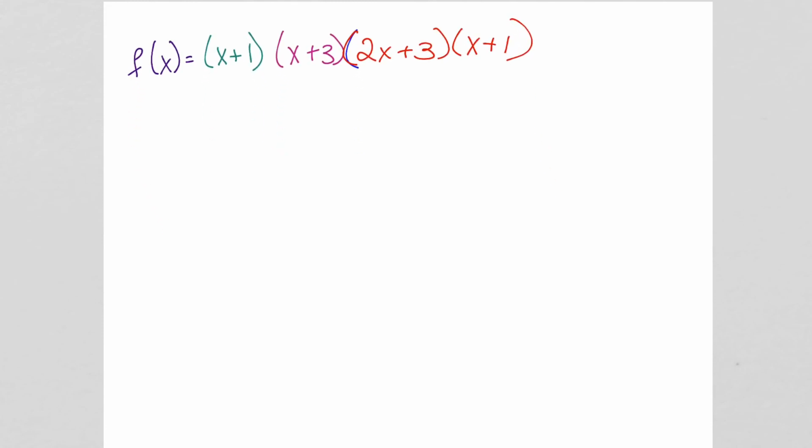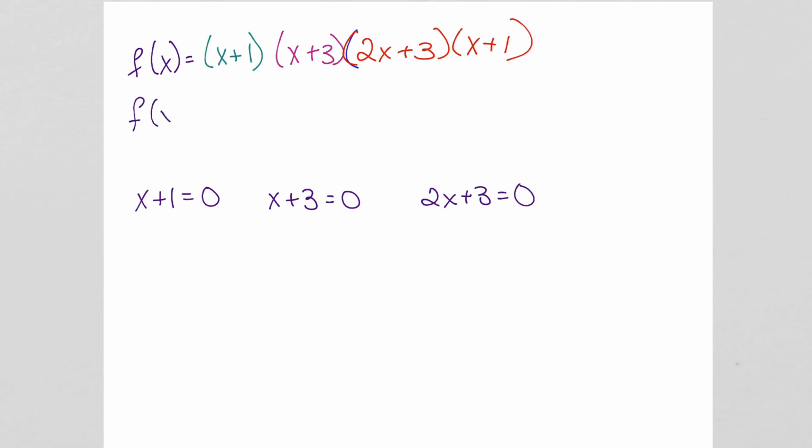Now that we've finished factoring it, we can find our zeros. So set each of them equal to 0, all 4 factors. Notice we've got an x plus 1 in there twice. So actually what we need to do is get rid of one of those.